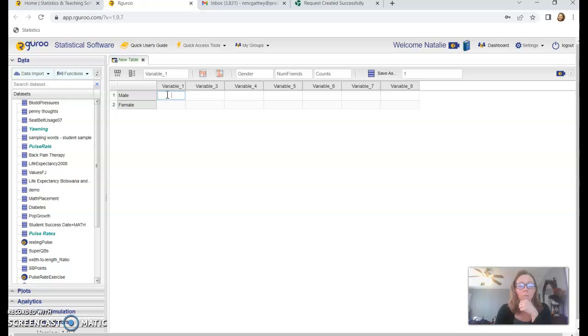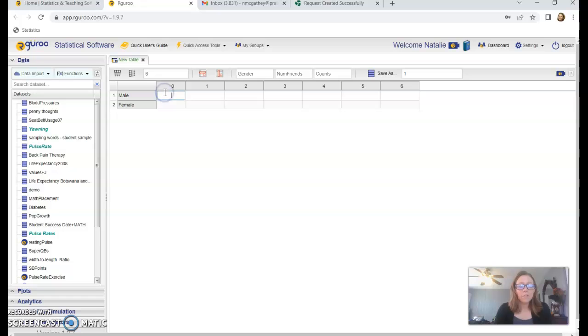So for variable 1, that'll be 0 friends. The next variable will be 1 friend, and you've got to give these variables all names: 2 friends, 3 friends, 4 friends, 5 friends, and 6 friends.